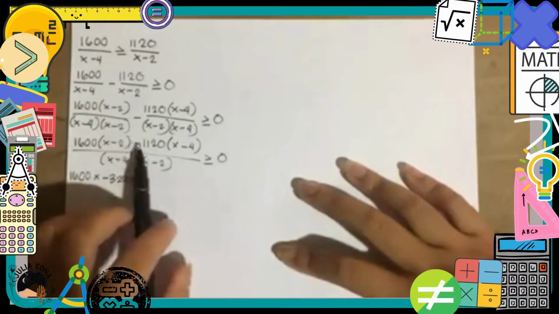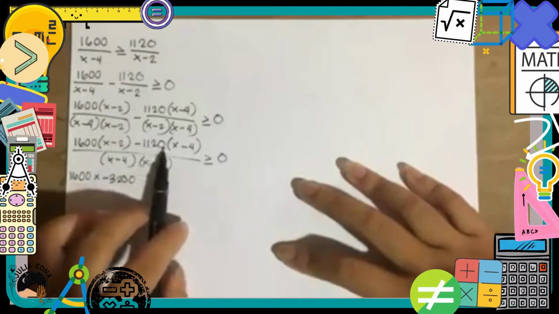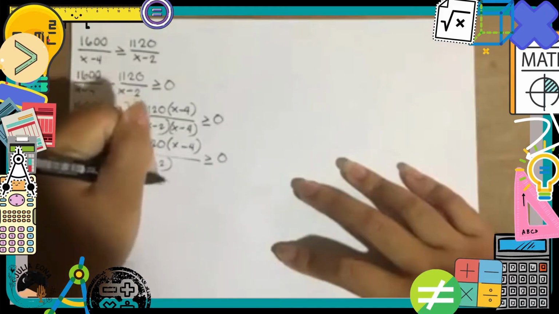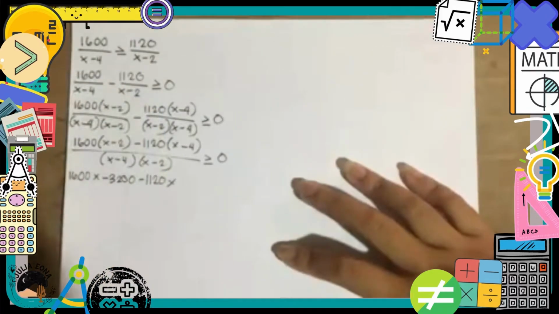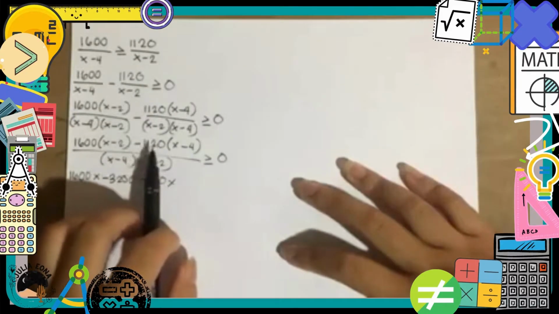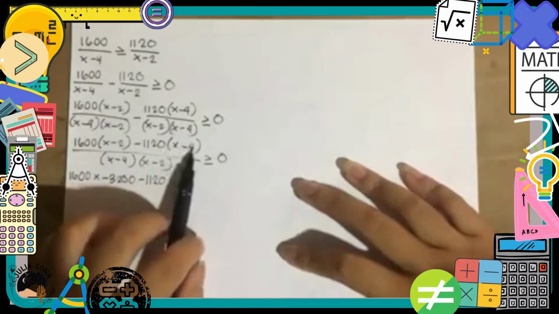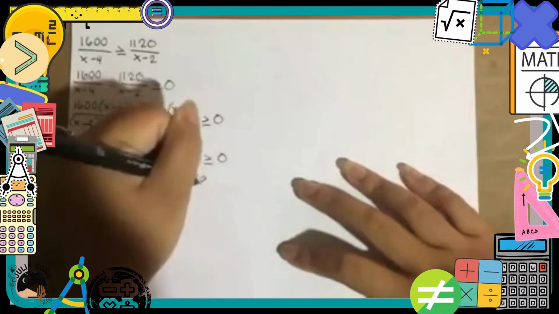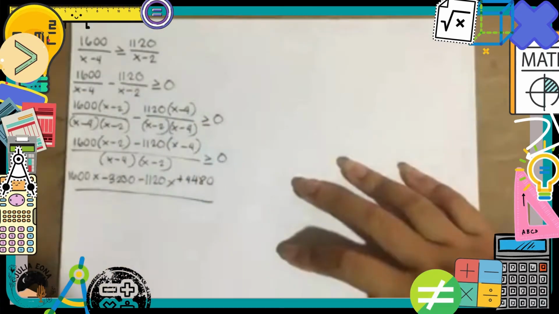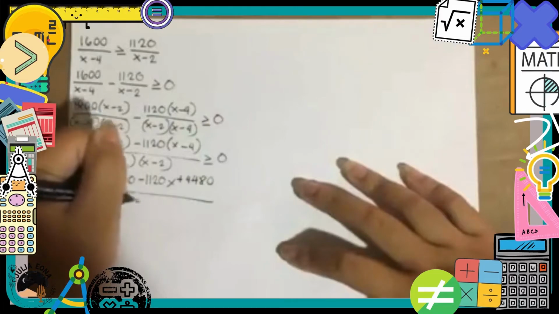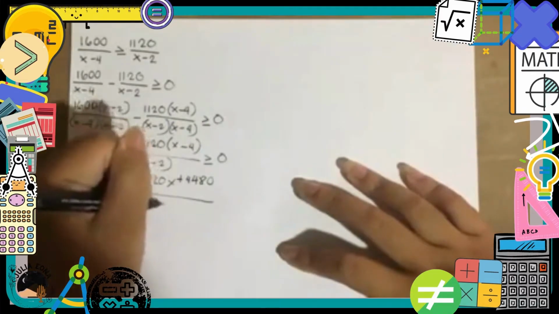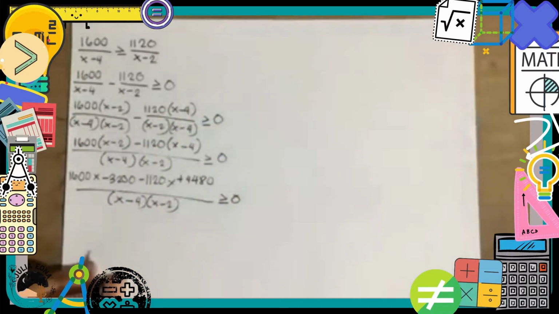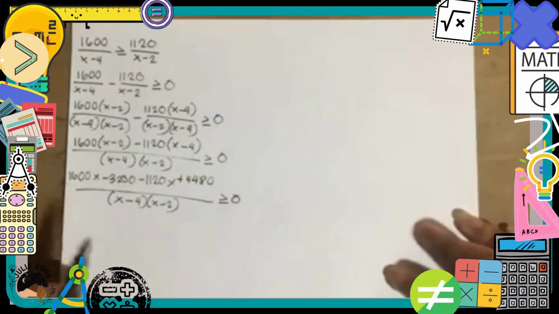Next, negative 1,120 times x is negative 1,120x. And negative 1,120 times negative 4 would be positive 4,480 over x minus 4 times x minus 2 greater than or equal to 0. Now we're going to combine similar terms.